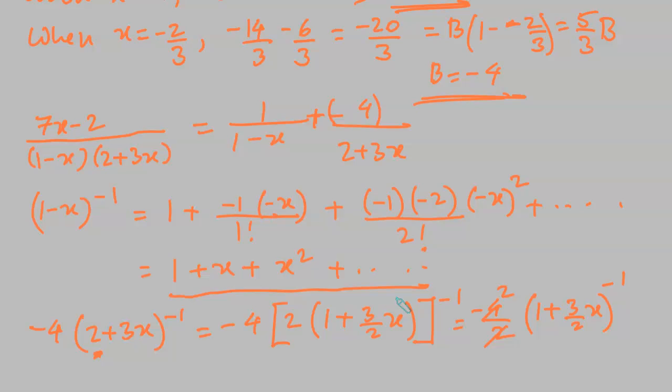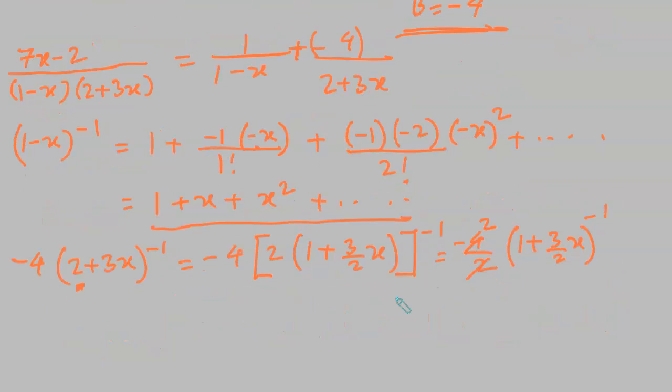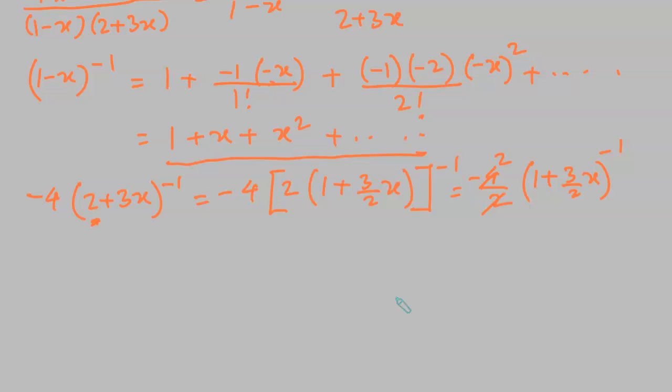And this is negative 2. Okay. So this is equal to negative 2 and 1 plus 3 over 2 times x to the power of negative 1. Now we get the terms. Let me take a new line. Yeah, let me start over here.